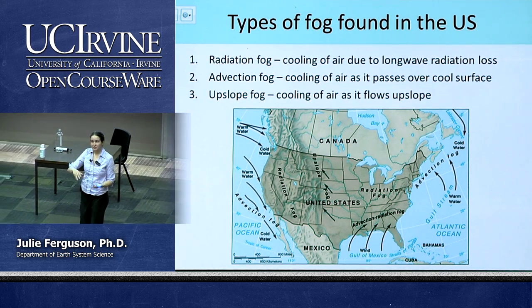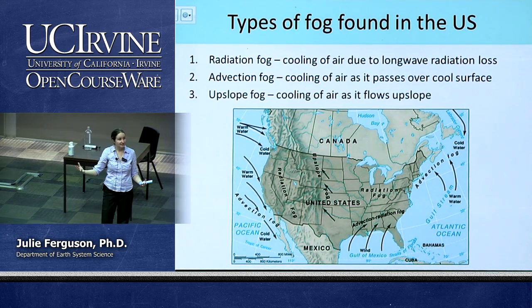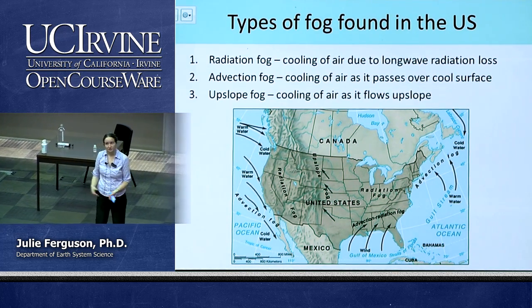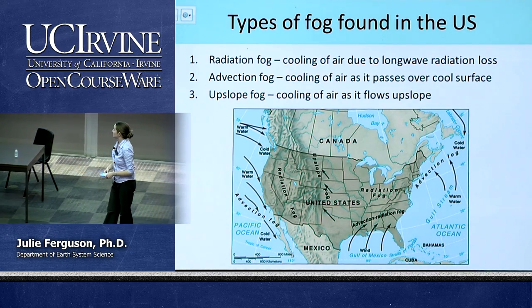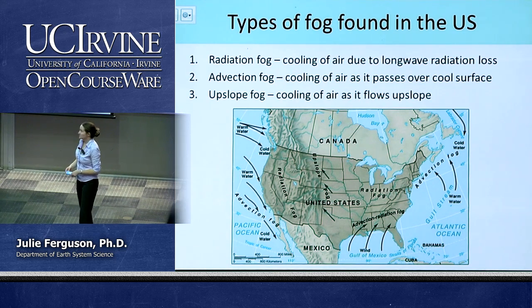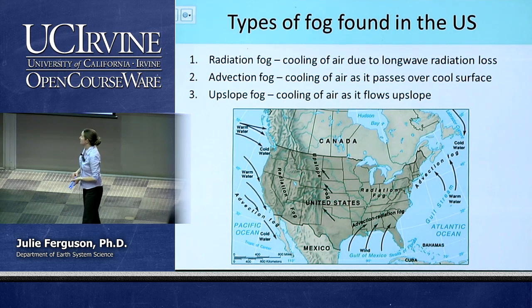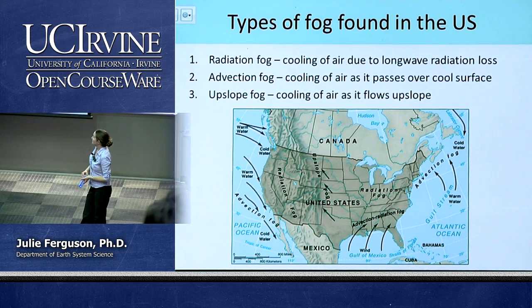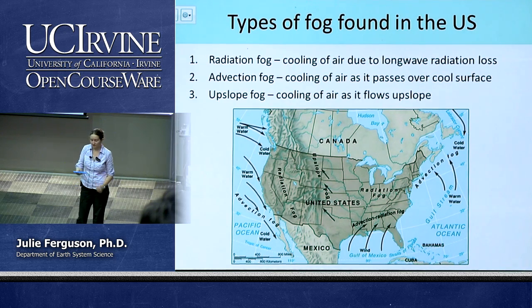Once we hit saturation, at ground level or whatever altitude you are, then you tend to get condensation and fog. And so that's important all along our coastline. And then lastly, we have upslope fog, which is something that's more important on the other side of the Rockies. And this is cooling of air as it flows upslope, okay? So as it moves up the hill.